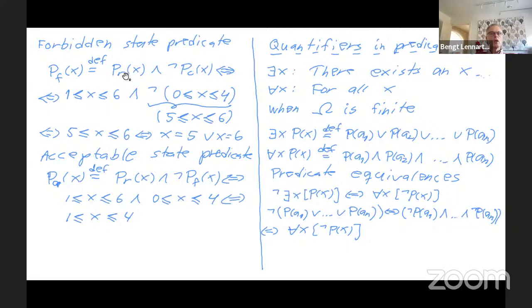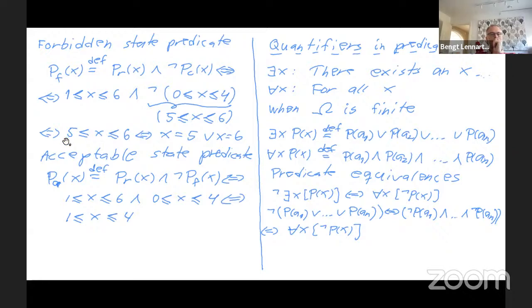So here you have the reachable states, the predicate for that one, and the negation of the co-reachable ones. And the negation of 0 to 4 is 5 to 6. And if you take the AND of that together with 1 to 6, you get what?